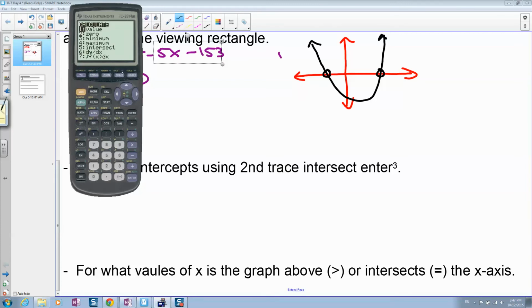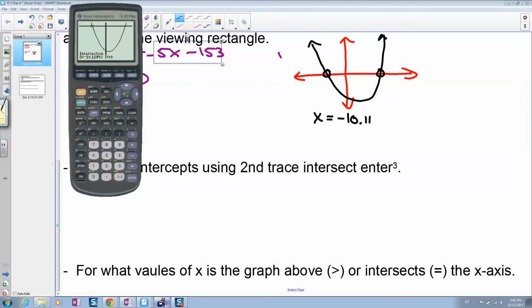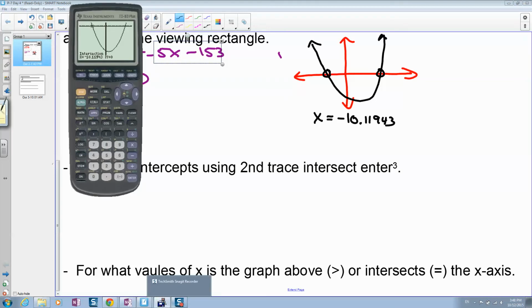So second trace, intersect, enter, enter, enter. And that means the first intersection point is -10.11943. Then you have to find the second intersection point. Remember, you hit trace, and then you scroll over to the other side of the vertex.